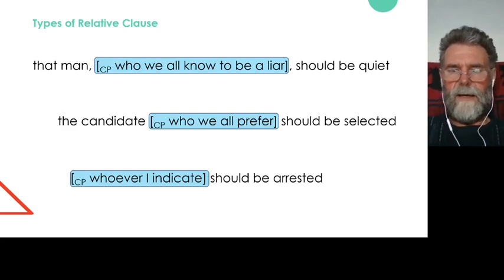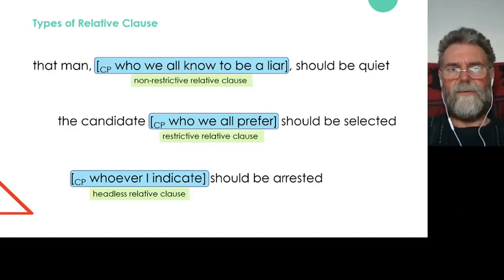Now these are three different types of relative clause. They have different properties to each other. We call the first one a non-restrictive relative clause, the second one a restrictive relative clause, and the third one a headless relative clause. The distinction between them ranges from meaning differences to syntactic differences too.